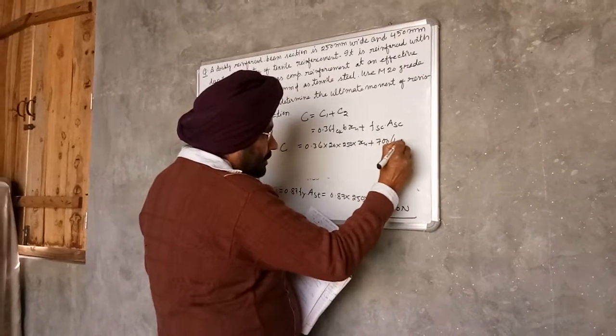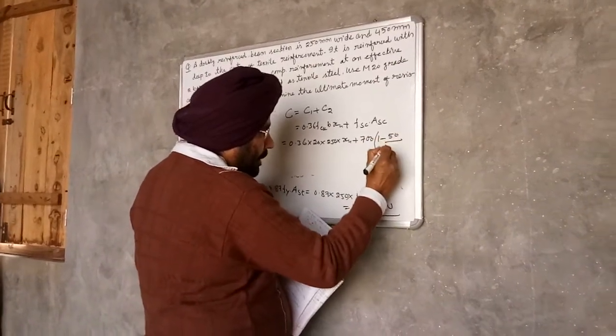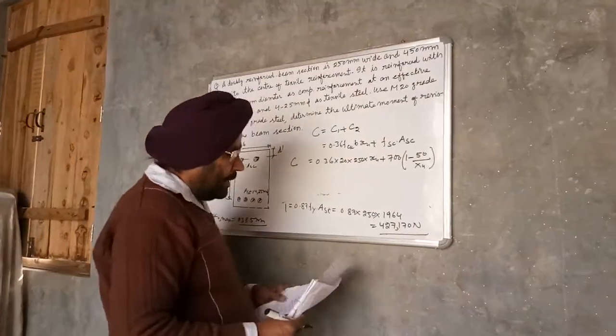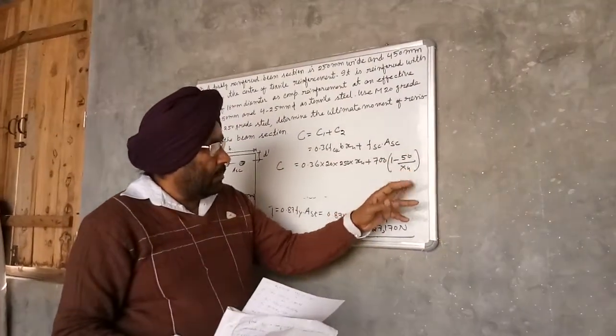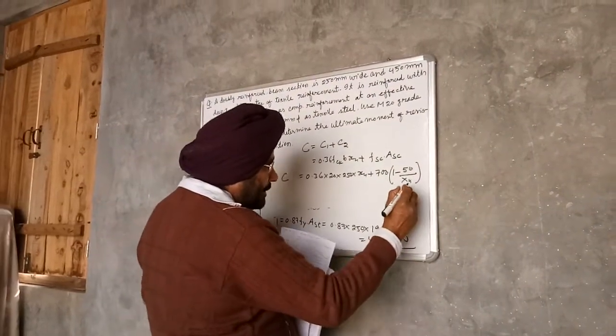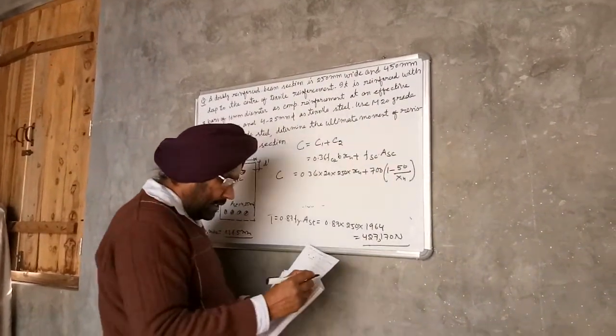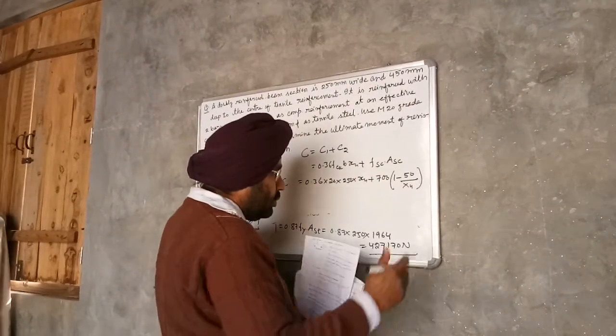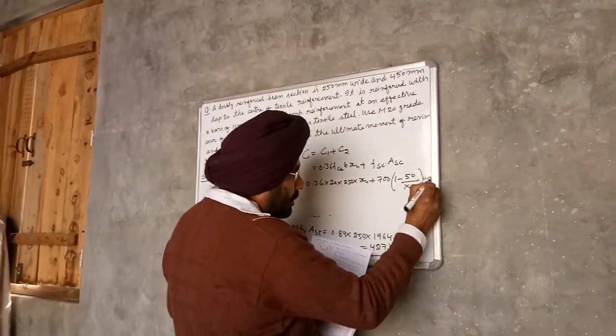Already we have determined FSC is equal to 700 into 1 minus D dash 50 upon XU, plus into ASC. ASC is the area of the compression steel, which is 402.